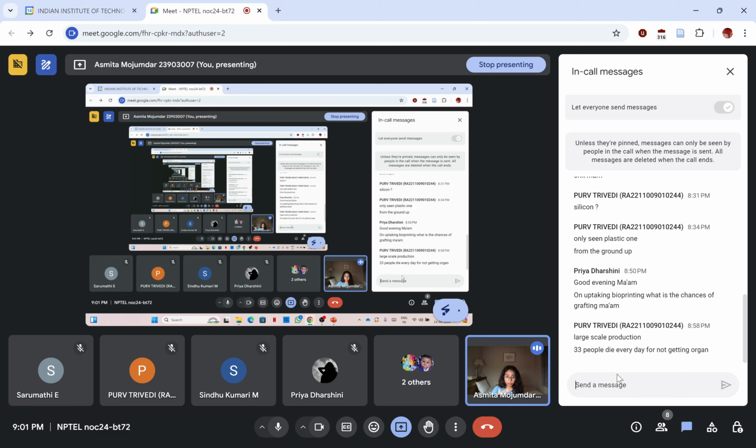Then again, it depends on the people who are marketing. If people think that we are 3D printing organs, we want to charge a high rate for it. So it depends on the people and their mentality. That is also there. But let's not go into that. Ultimately, your aim as a researcher is to make something cheap so that it can be marketed, so that even a poor person can come and afford it. That should be your aim.